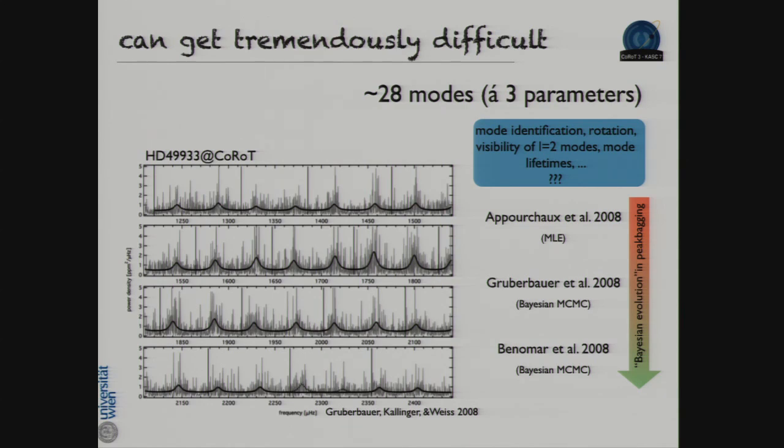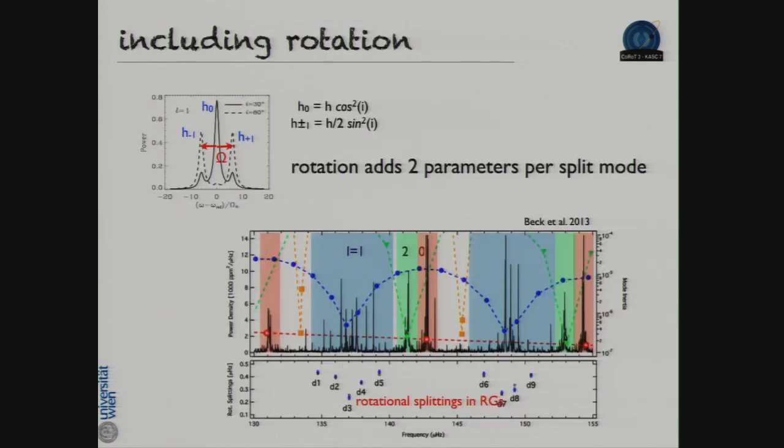I'm showing here a kind of famous example, one of the first solar-type oscillators observed with CoRoT, HD 49933, and it took us quite a while and at least 3 different publications to come up with a solution for the frequencies for this particular star. But things can get even more complicated if you include rotation.